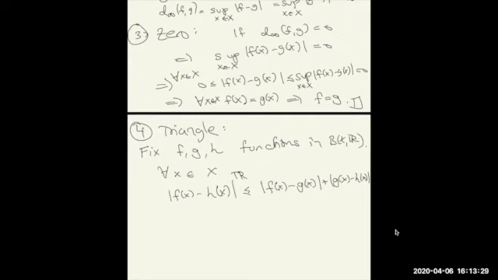Now, the right-hand side here, since supremum is an upper bound, is less than or equal to, if I first bound the first term from above by the supremum over x of the absolute value of f of x minus g of x, and then the second term is bounded from above again by the supremum over x of g minus h. And I'll just leave the x's there. Now, a small thing here is that this is technically an abuse of notation, because in the supremum, this is a dummy variable, and on the left-hand side, this is free.